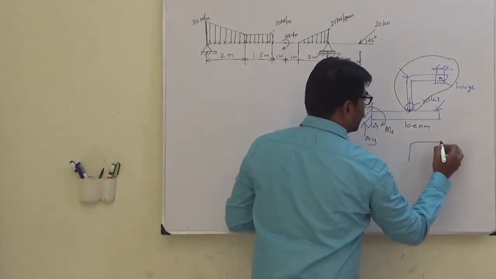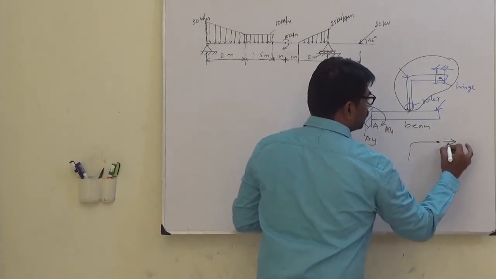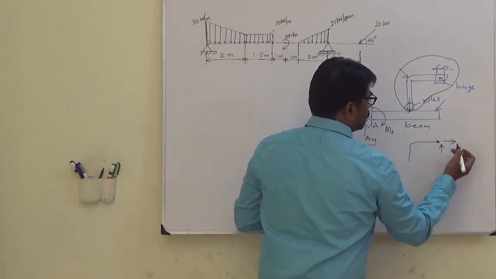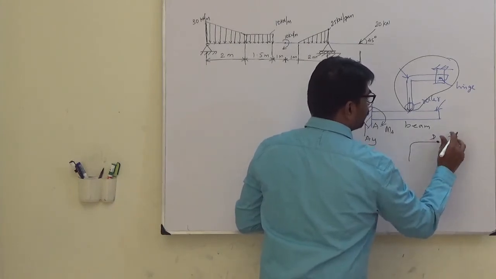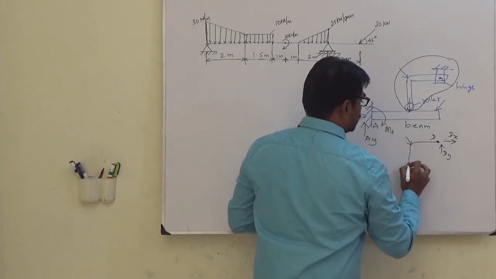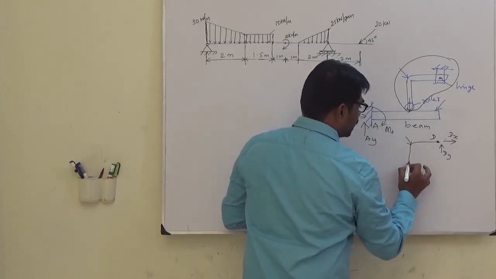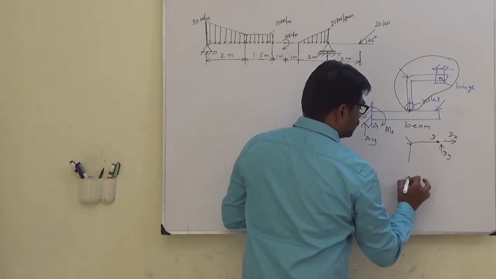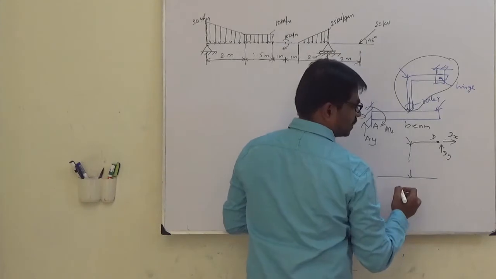So my free body diagram will be like this. It is hinged, so it will have, say, if it is D, Dy, Dx, some external force, and the effect of this roller on the beam is like this.